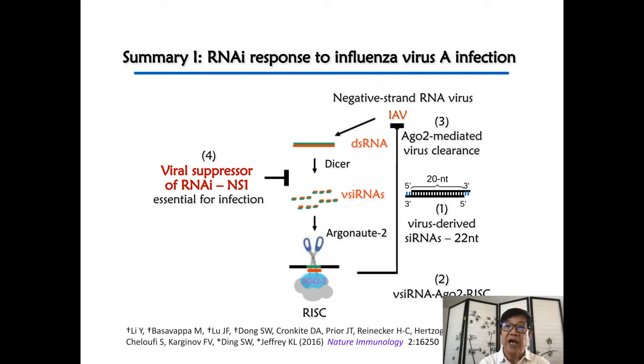I have shown that infection of monkey and human cells with influenza A virus deficient in the expression of the suppressor NS1 triggers abundant production of viral siRNAs, and those siRNAs are loaded into Argonaute to mediate suppression of virus accumulation in a manner dependent on the AGO2 slicer activity.